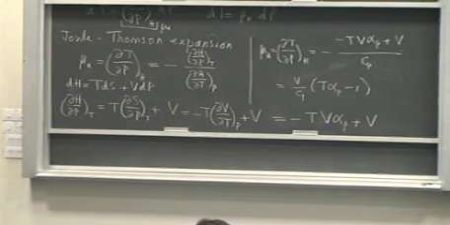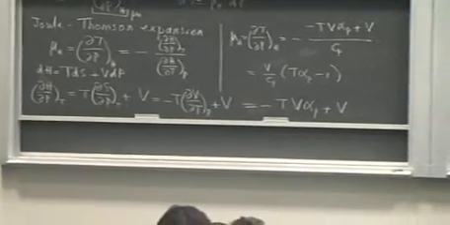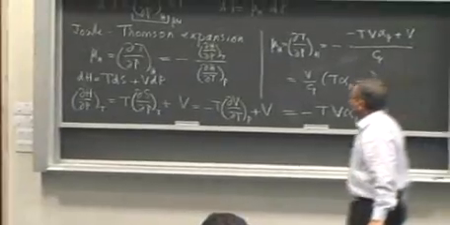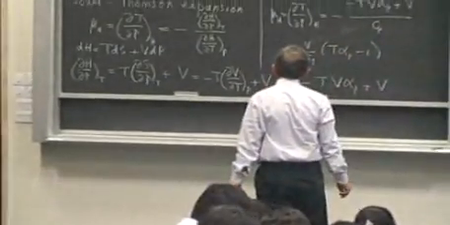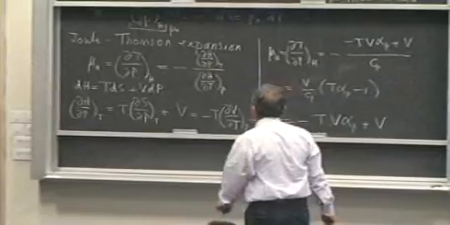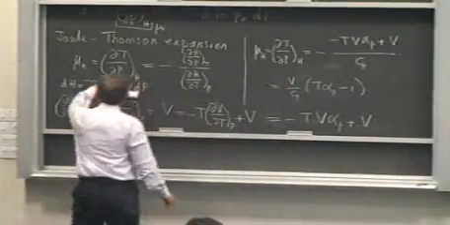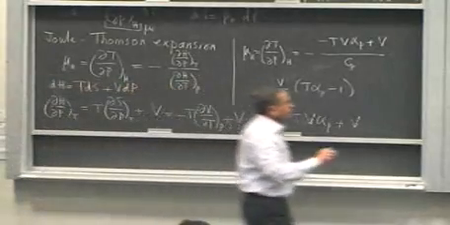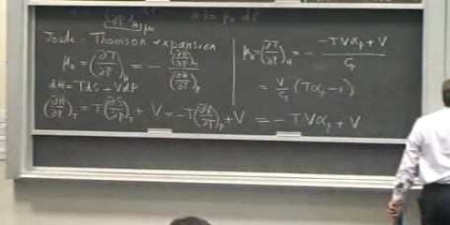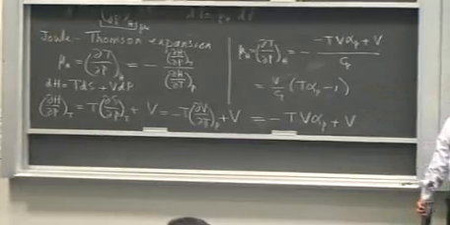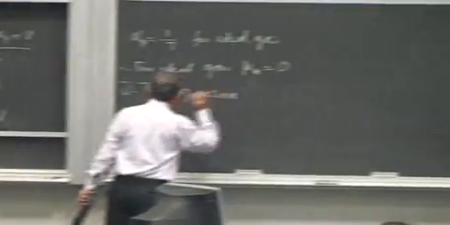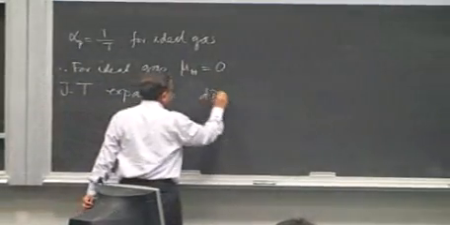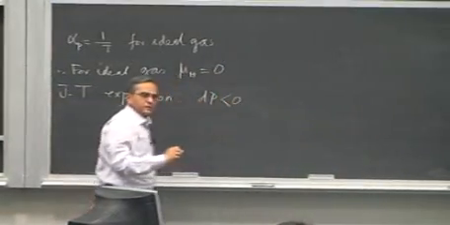And on the other hand, if the Joule-Thomson expansion has to occur, expansion would mean that dP is negative.